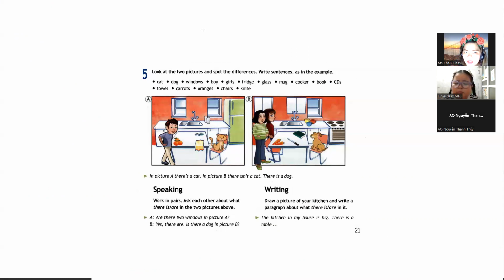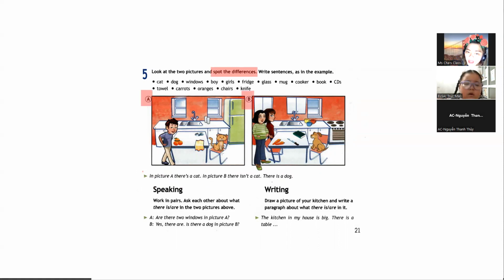Look at the two pictures and spot the difference. Spot the difference means we need to compare them. What makes them different? You can start with in picture A, because you are comparing picture A and picture B.